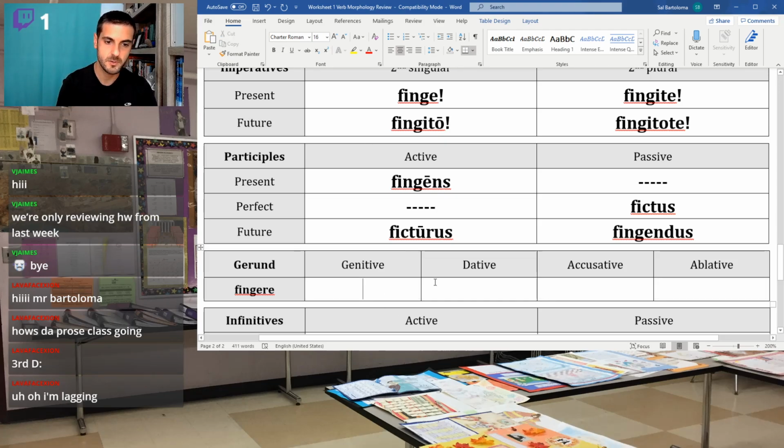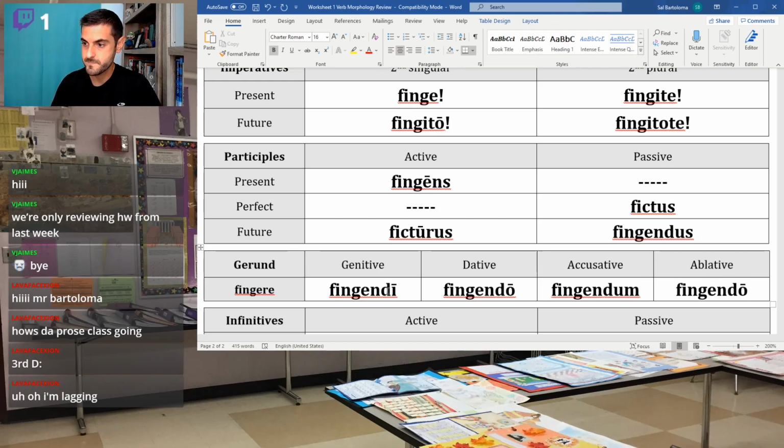Your options are really andi, if it's first, endi, if it's second or third, and iendi, if it's third IO or fourth. So what we're going to have here is fingendi, fingendo, fingendum, and fingendo.